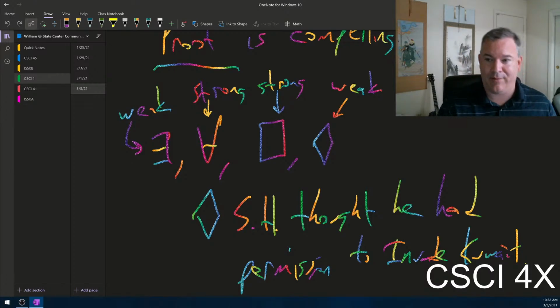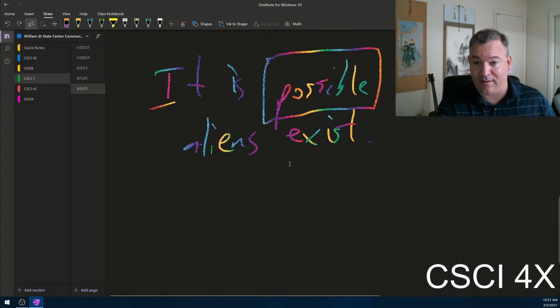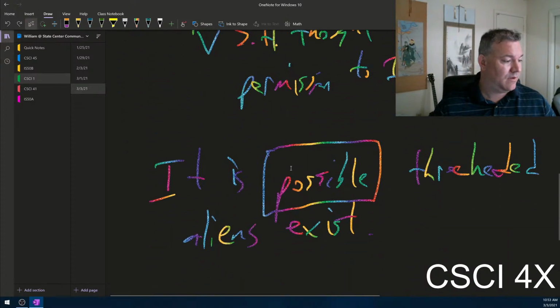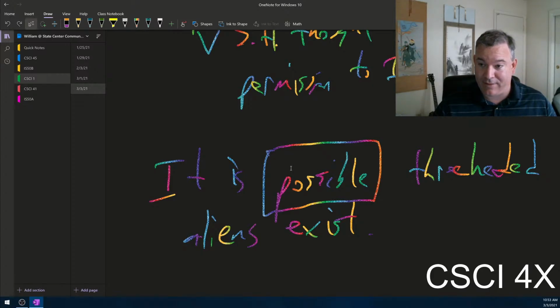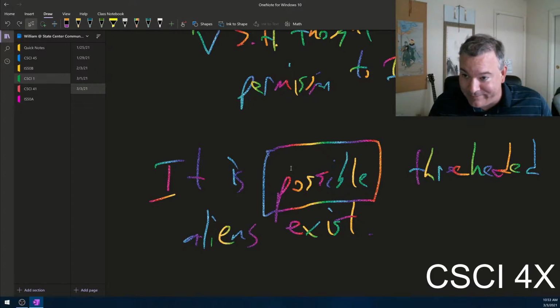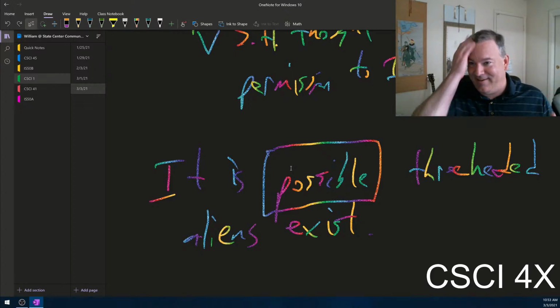That is the most common source of straw manning that I have seen online. So when something is possible, someone does not need to provide evidence. You don't have to, because they might not exist. You're just saying it's possible. It's pretty straightforward.